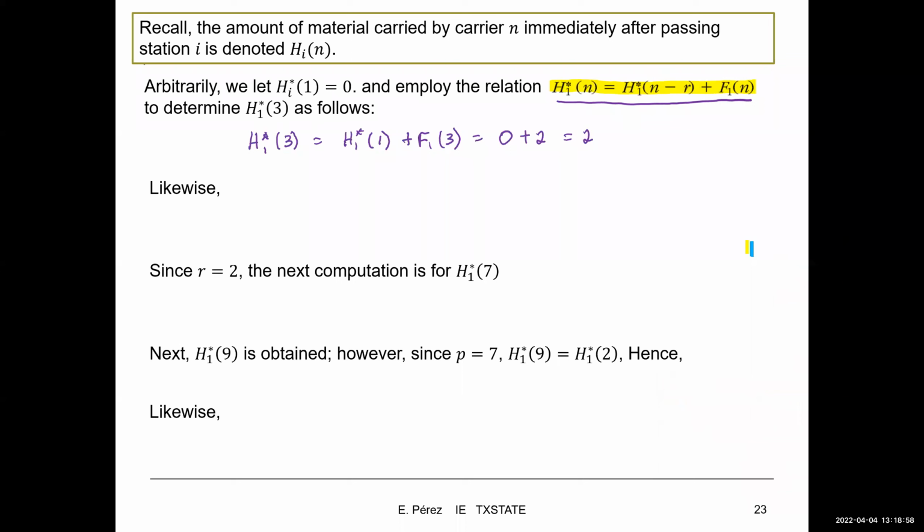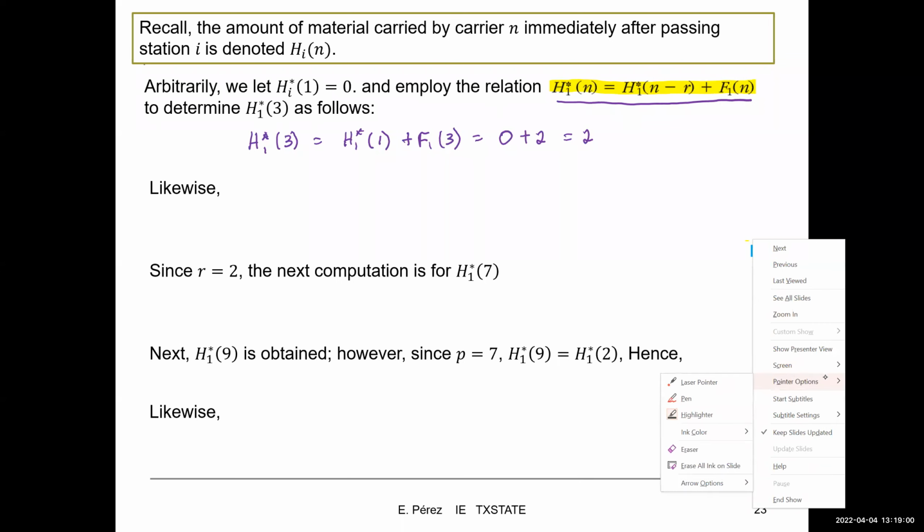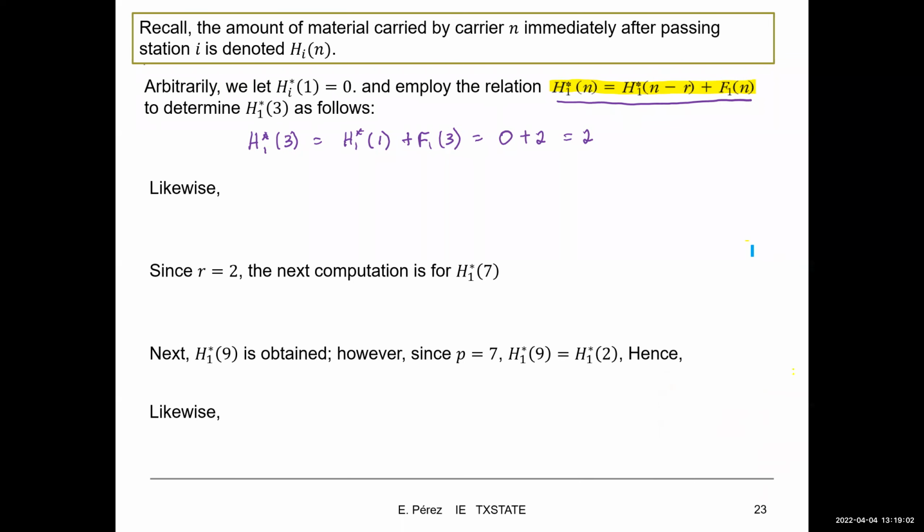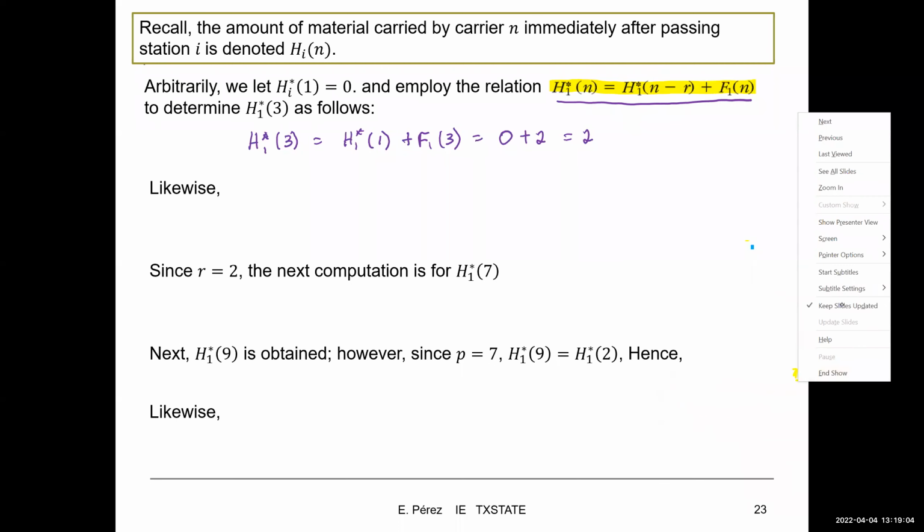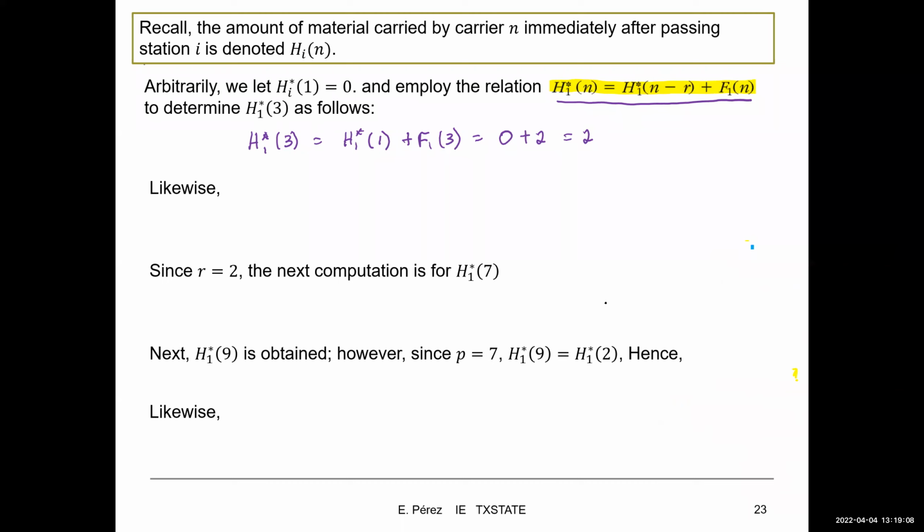So I have H1 star of n minus 2. And I want that difference to be equal to 3.